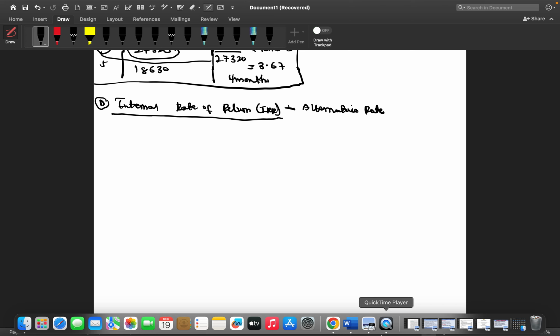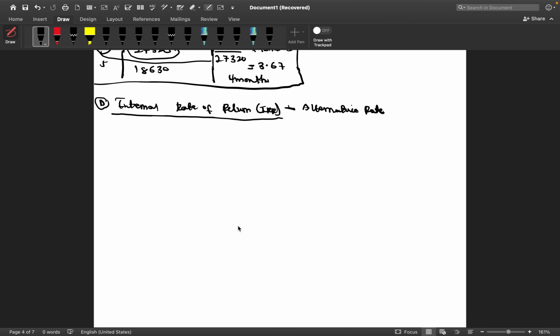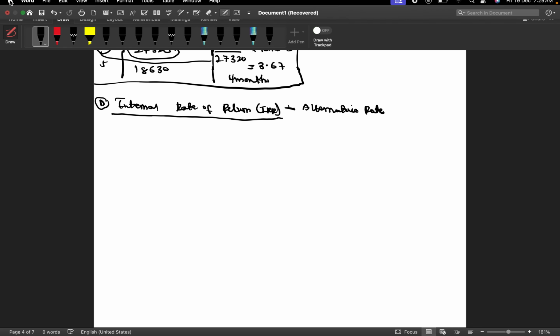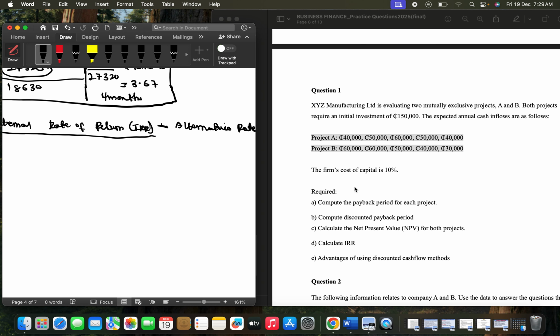Now in the question, you notice that it only stated calculate IRR. They didn't give us any rate. You see the previous one, they gave us 10%. But with this one, they didn't give us any rate.